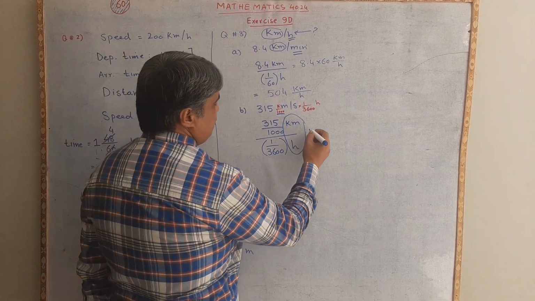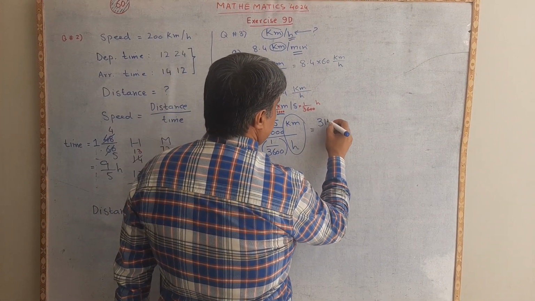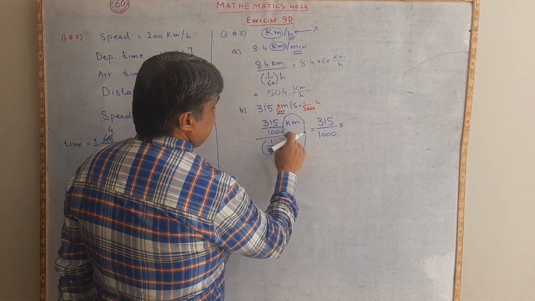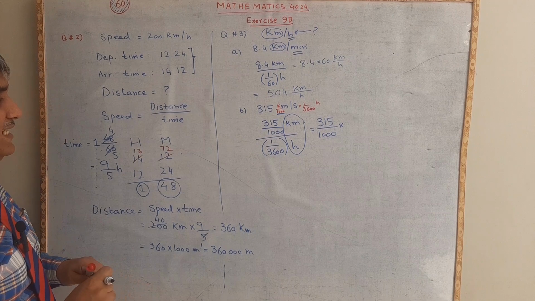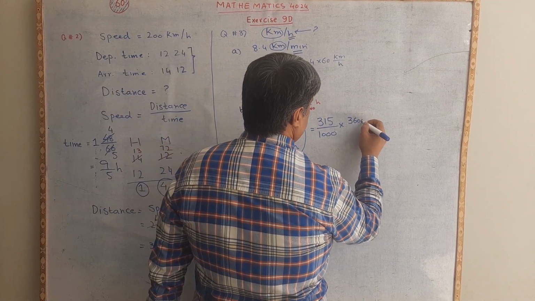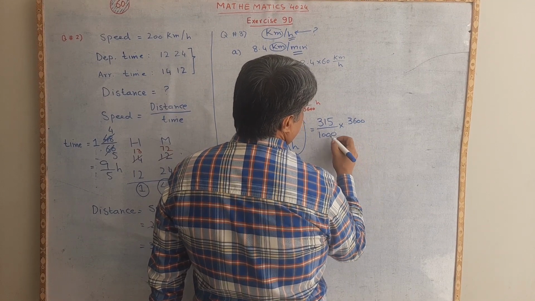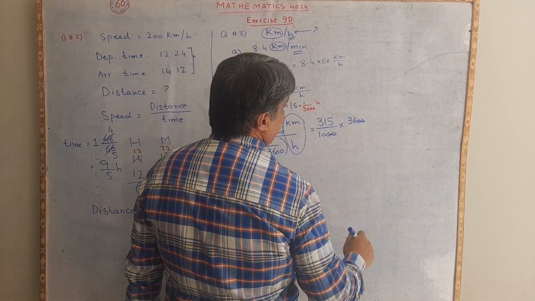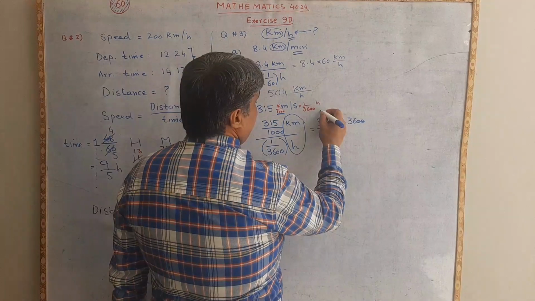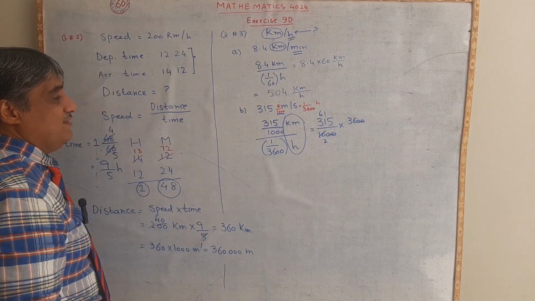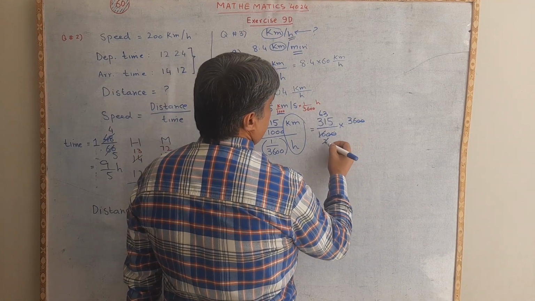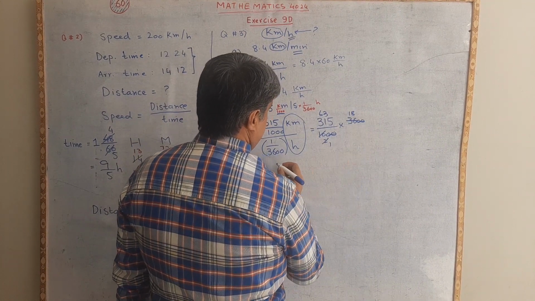Now the next thing is to solve it. 315 divided by 1000. This division symbol, when it becomes multiply, that will be the reciprocal. So 3600. So these two will be cancelled with this one. 5 twos are, 5 sixes are, and 5 threes are, 5 threes are, and 2 ones are, and 2 eighteens are.